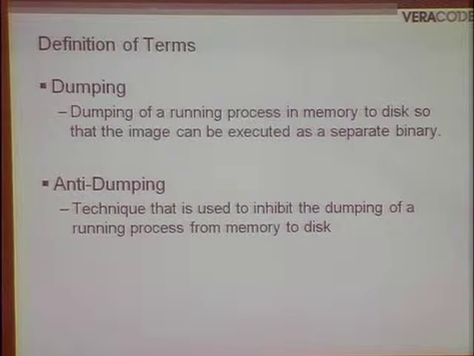This is typically used to bypass packing and encryption routines. The binary may be encrypted and packed on disk. When it's executed, it has to at some point be put into clear text, by which I mean a normal readable binary. And then dumping is using a dumper to take that out of memory and recreate the binary on disk. Anti-dumping is the same thing as anti-debugging, except it's used to inhibit the dumping of a process from memory to disk.